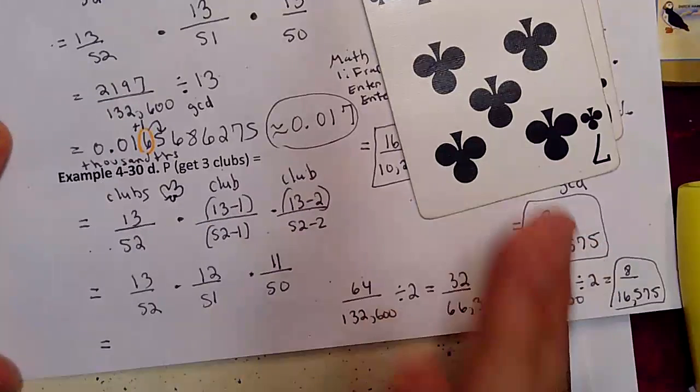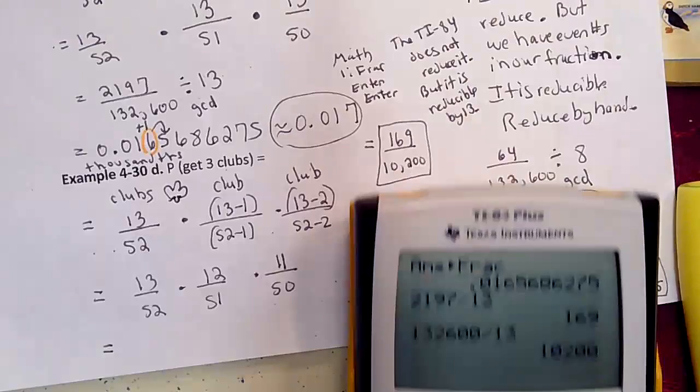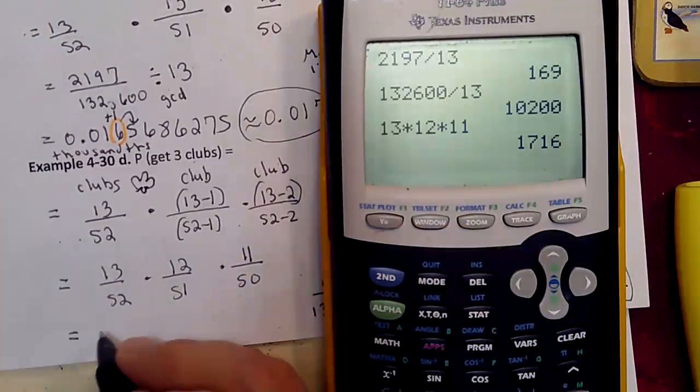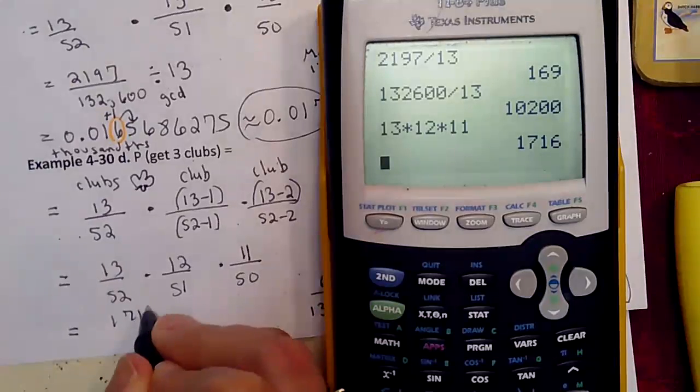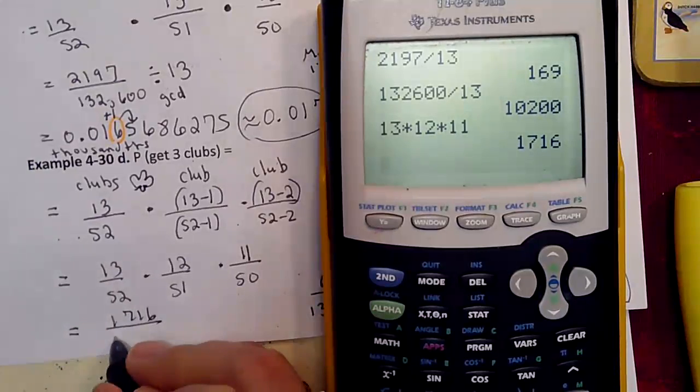When I multiply across, 13 times 12 times 11, and you already know the denominator, 52 times 51 times 50.